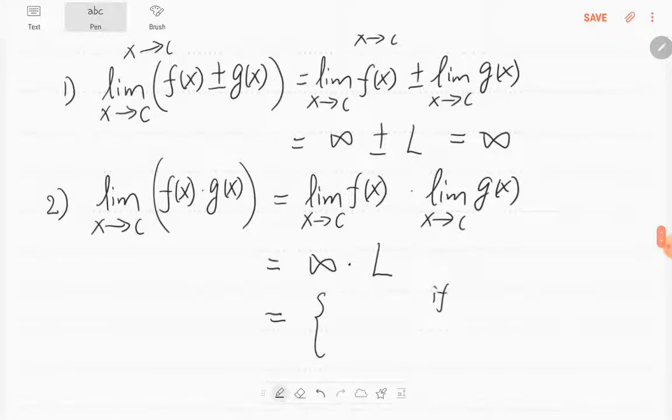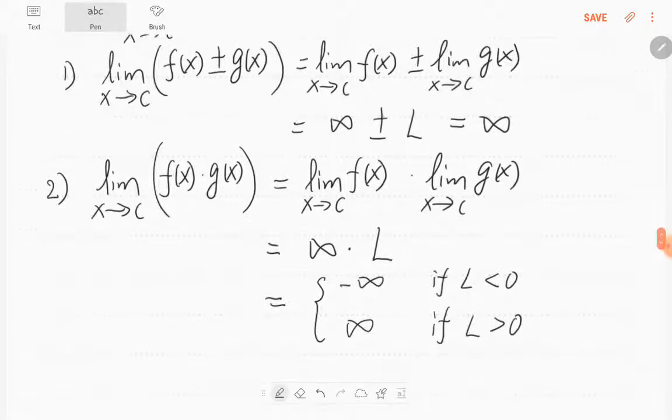If L is less than 0, then this would be a negative number times positive infinity, which is negative infinity. If L is greater than 0, it's a positive number. A positive number times a very large number is still a very large number, so it's positive infinity.